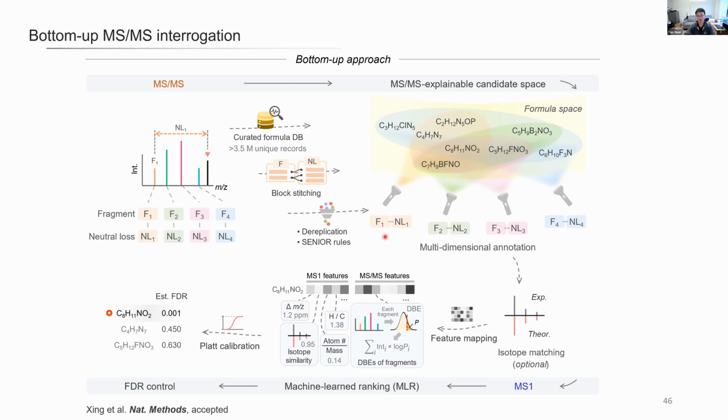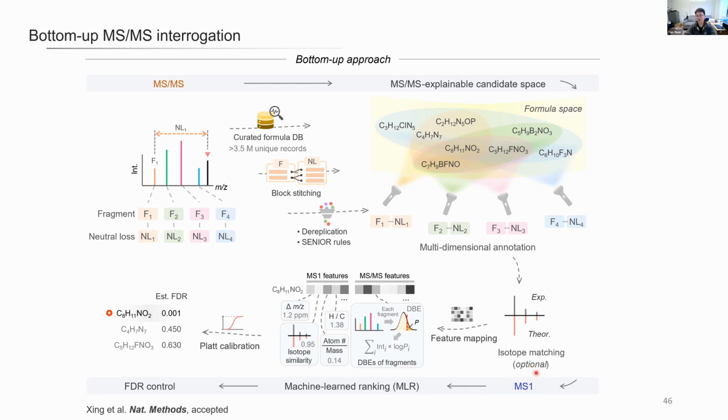Further, each pair will generate a chemical space, and all these chemical spaces lead to a formula space in which the correct molecular formula is more likely to be found.